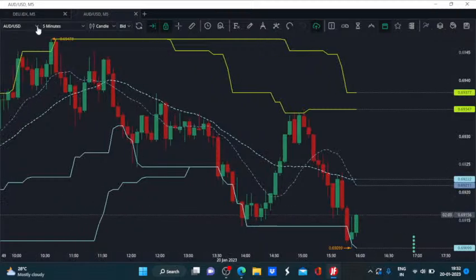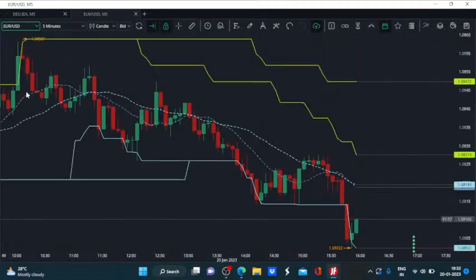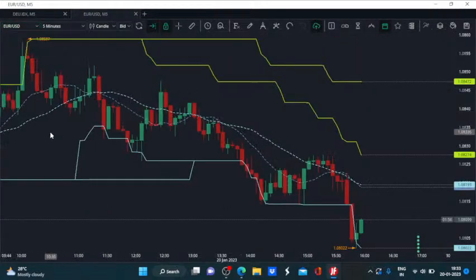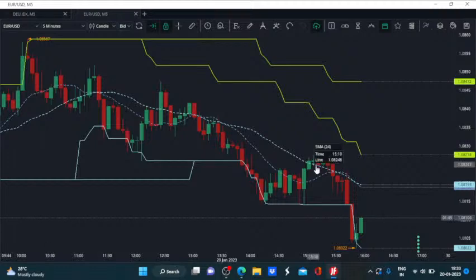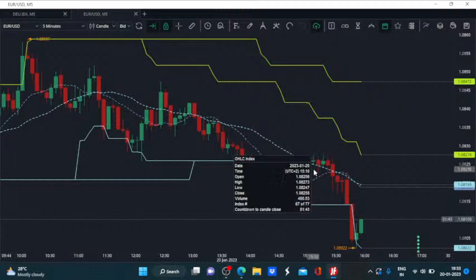Now, if we consider the price move so far, let's consider the Euro USD's pricing first. There is the Euro USD chart with each candle period defined at 5 minutes, and I have added the SMA 12 and SMA 24 to get the average price over the last 1 hour and 2 hours respectively.